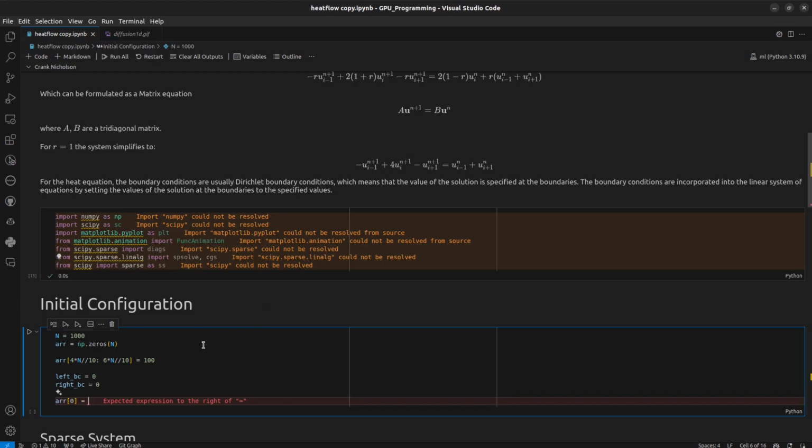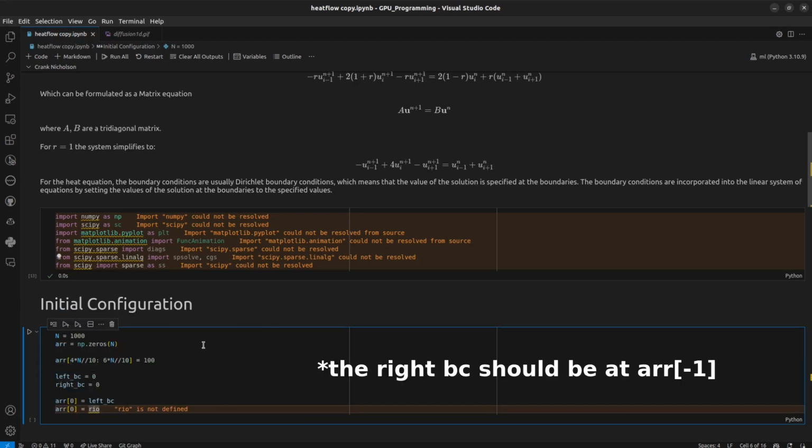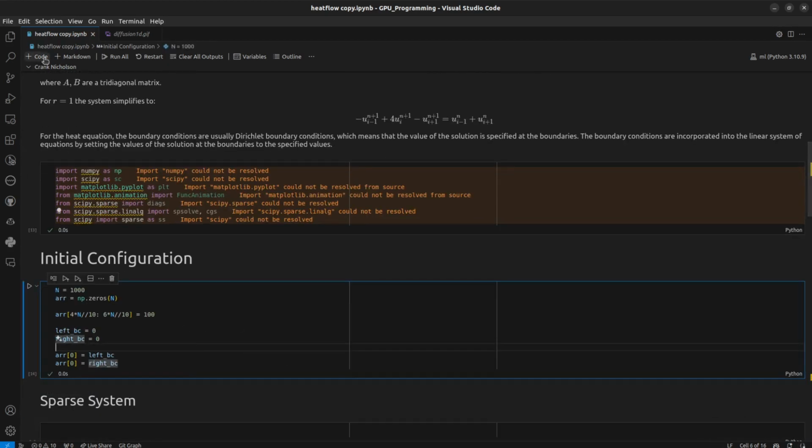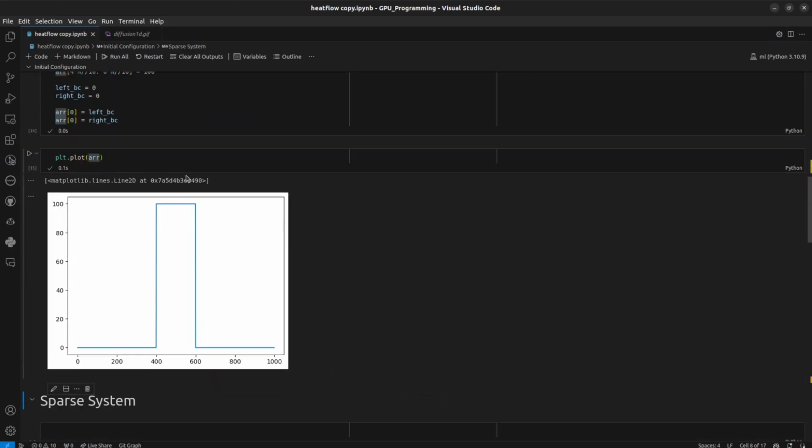That's not going to change anything, but if they weren't zero, that would change something. Okay, so now we'll have a look at how that's going to look. As you can see, in the middle it's quite hot, and elsewhere it's 0, and at both endpoints it's also 0.